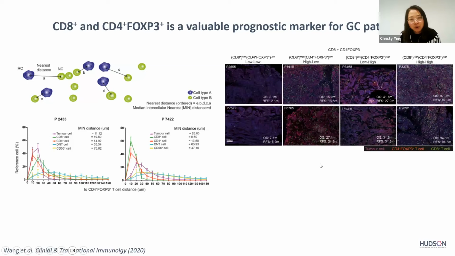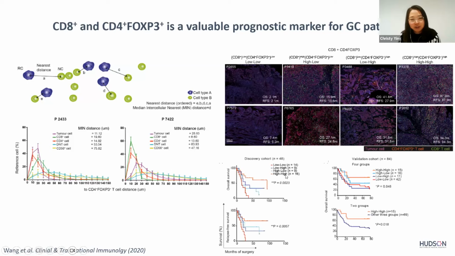In that story, we were also able to identify some subgroups of patients. Later, with the survival outcomes from patients, we found one subpopulation with high expression of CD8 and high expression of CD4 and FOXP3.